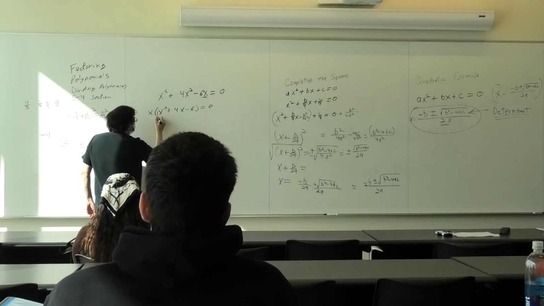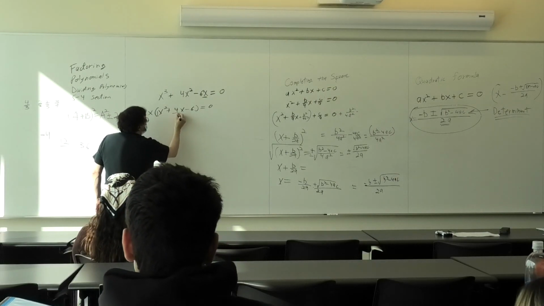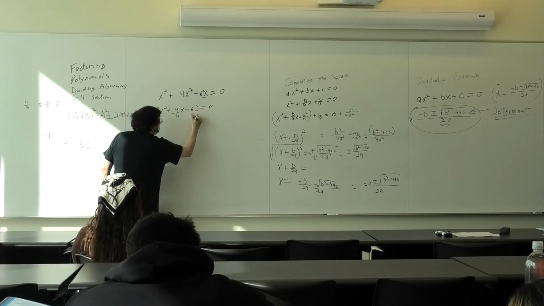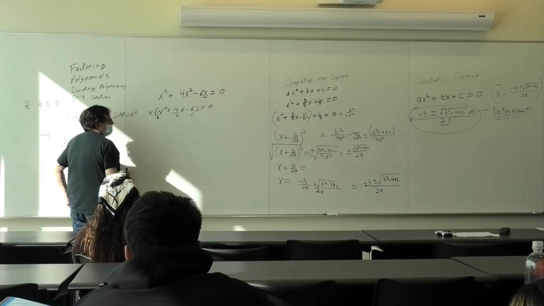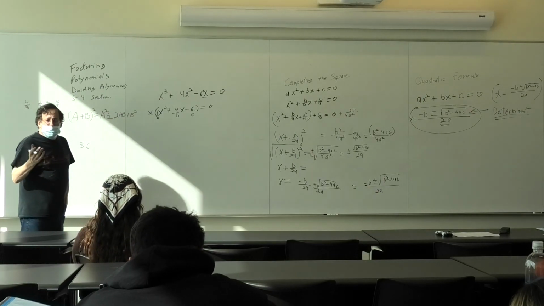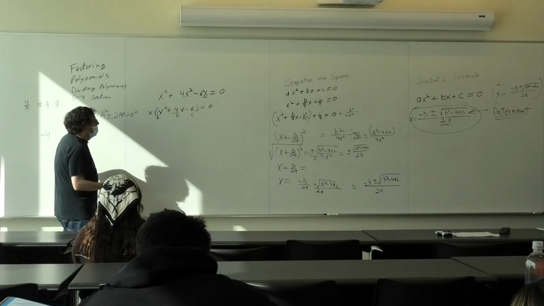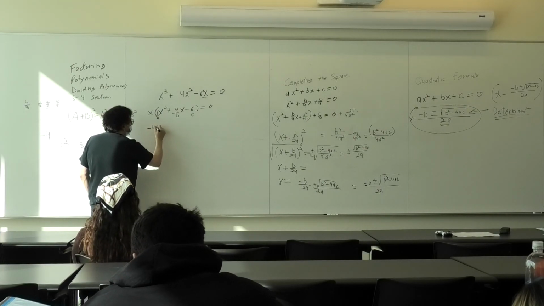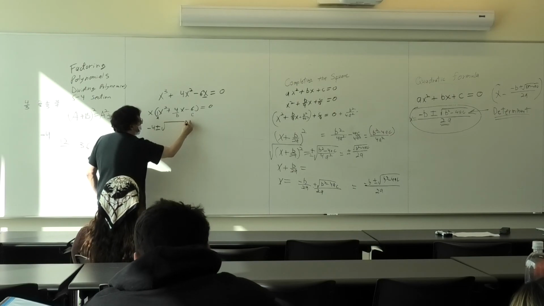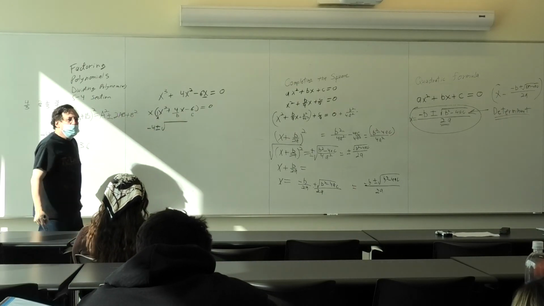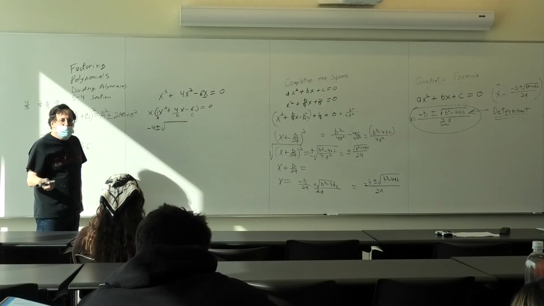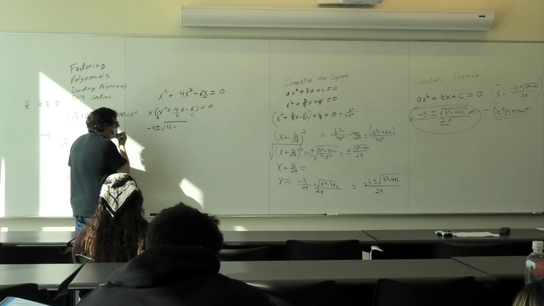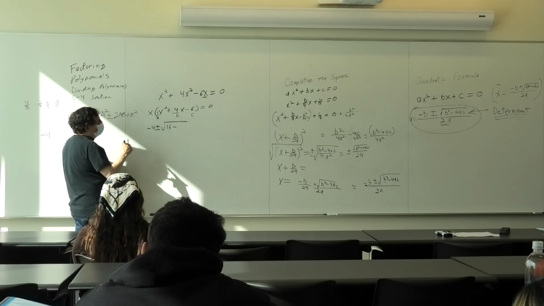My a here is 1. My b is 4. And my c is minus 6. So I'm just going to plug that in. Negative b is minus 4, plus or minus the square root of b squared, which is 4 times 4, or 16, minus 4 times a times c.